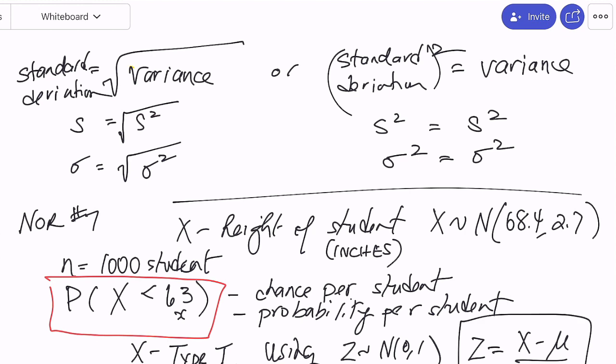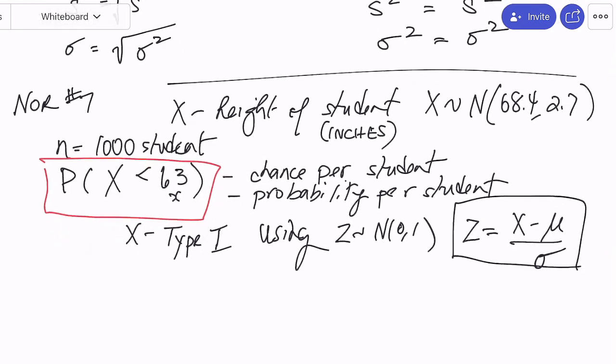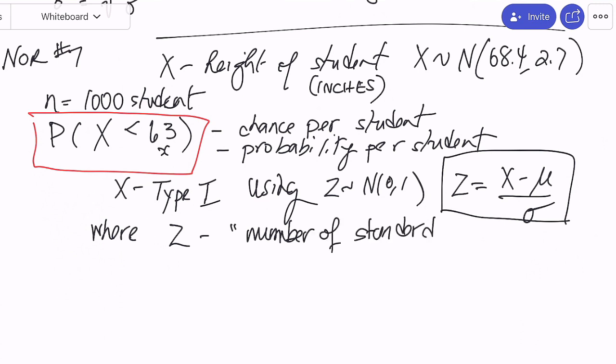Z is defined as the number of standard deviations from the mean. That's a new variable, like a new unit, a new metric.